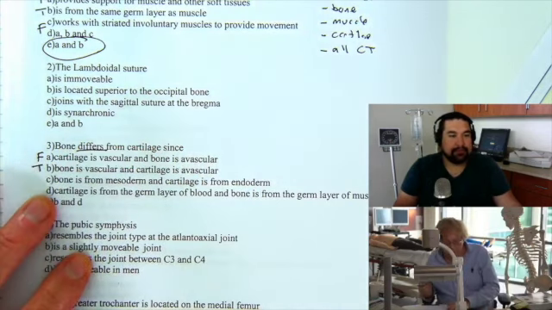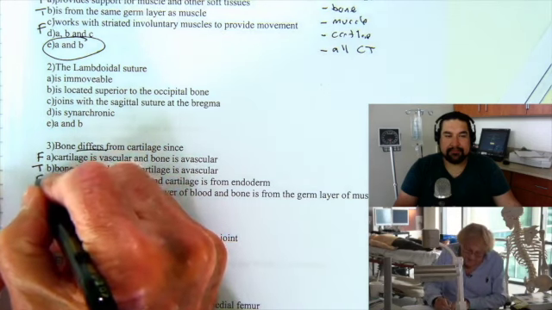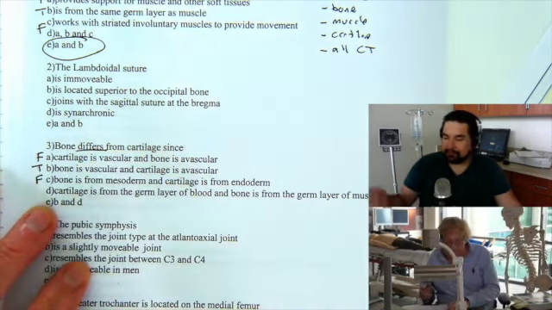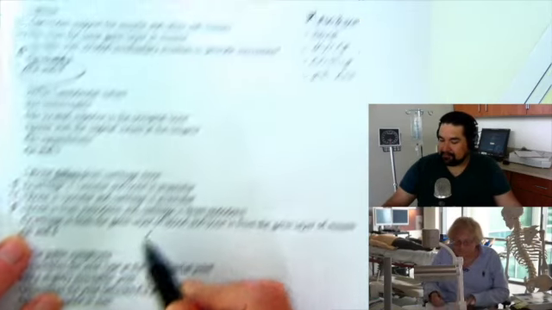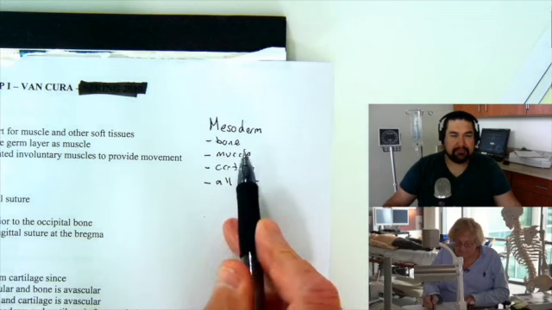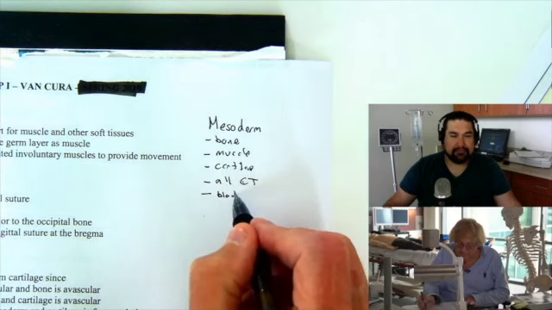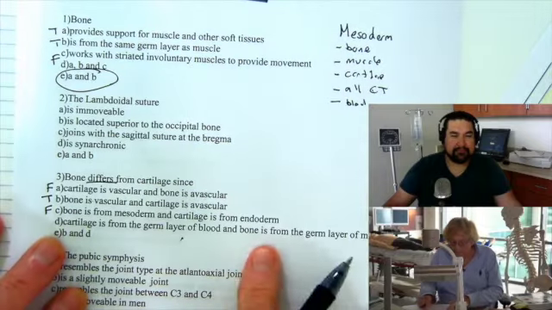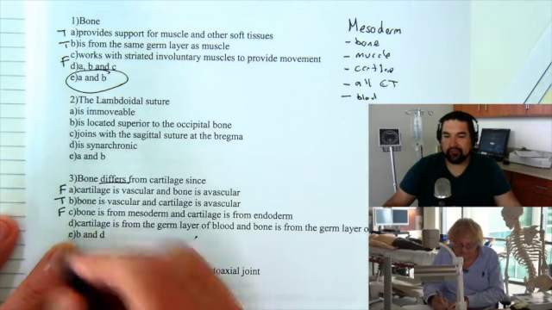It says bone is from mesoderm and cartilage is from endoderm. Well, that's false. And then it says cartilage is from the germ layer of blood, and bone is from the germ layer of muscle. Blood, of course, is mesoderm because it's connective tissue, and bone is from the germ layer of muscle, so that's true.